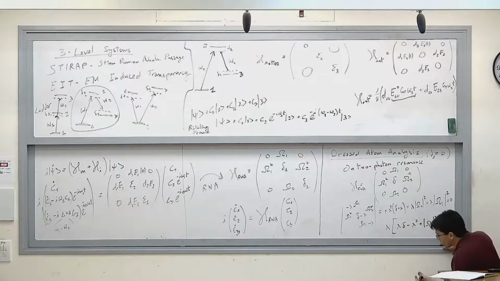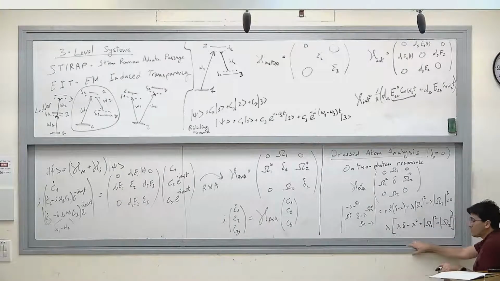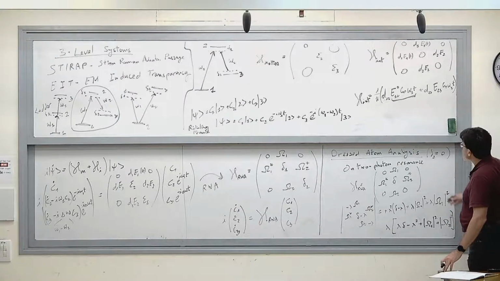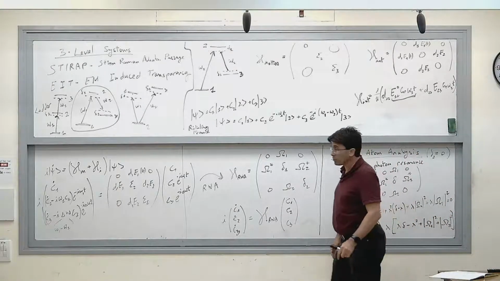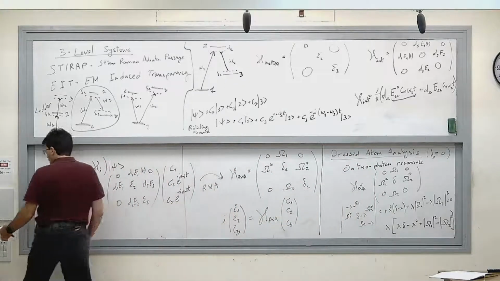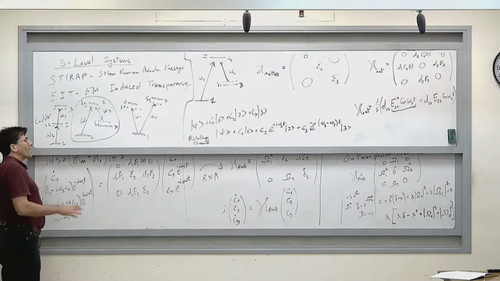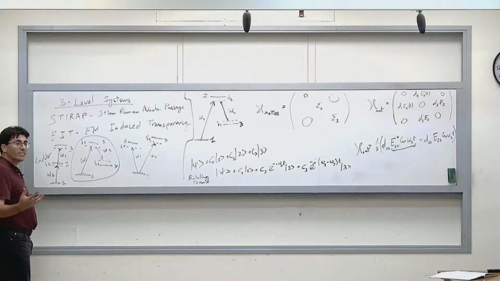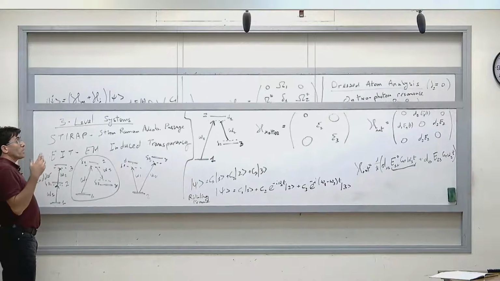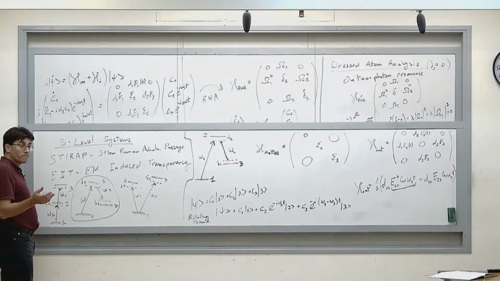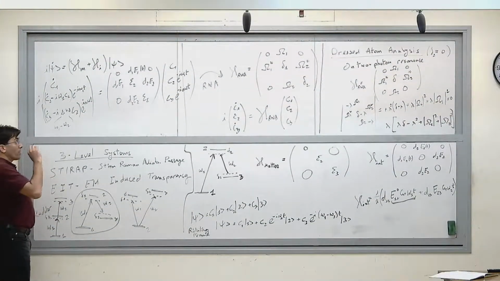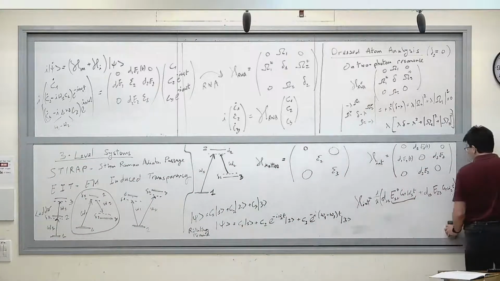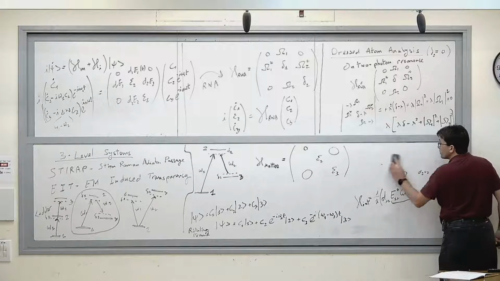Well, at least, and now the point is one of the eigenvalues is 0. That is going to turn out important. We have an eigenvalue that no matter what, doesn't matter what the field intensities are, doesn't matter what the detunings are, there is an eigenstate that has an eigenvalue 0 always.